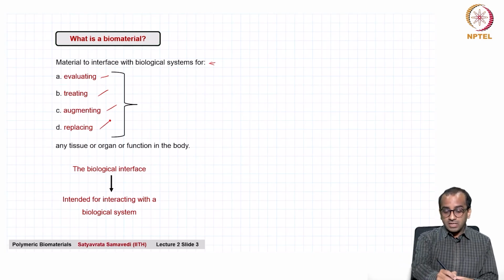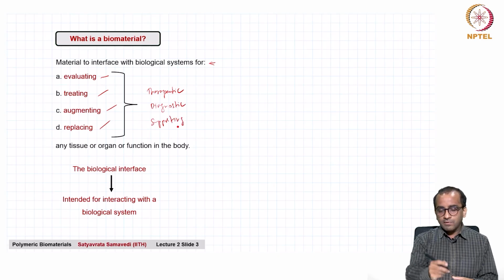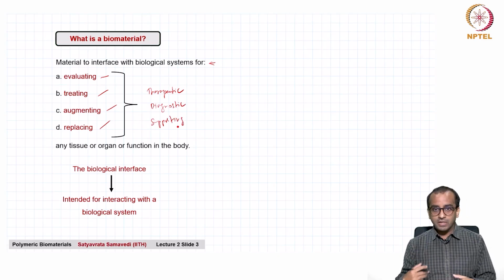So, right away you see that there is a therapeutic component, there could be a diagnostic component, or there could be a supporting component. And we will look at multiple examples of each of these things throughout this week.